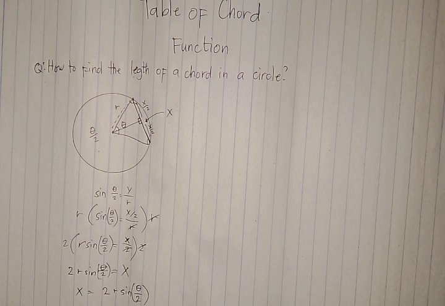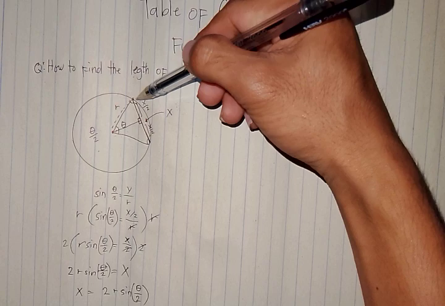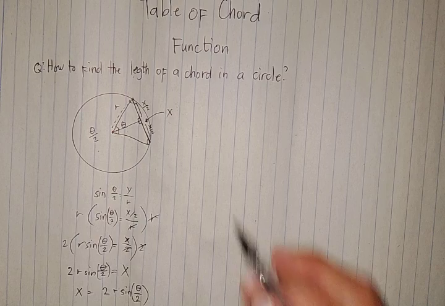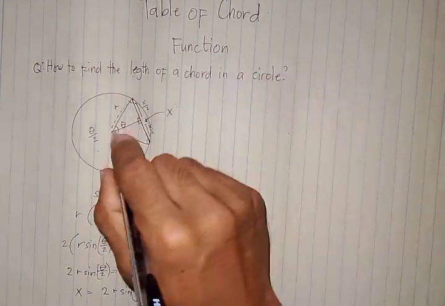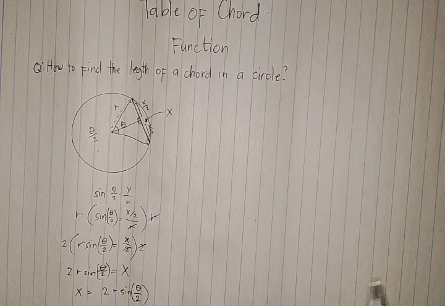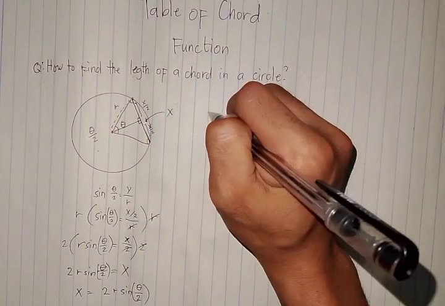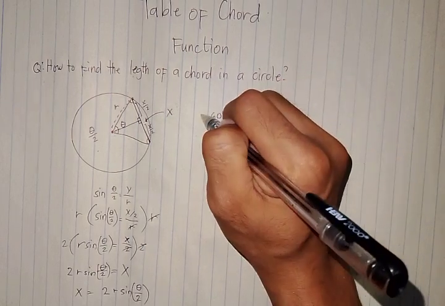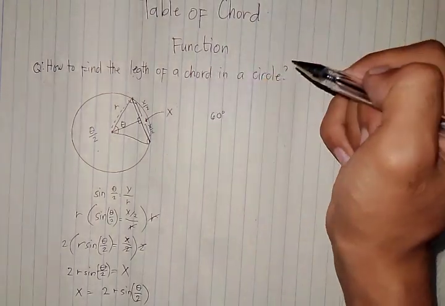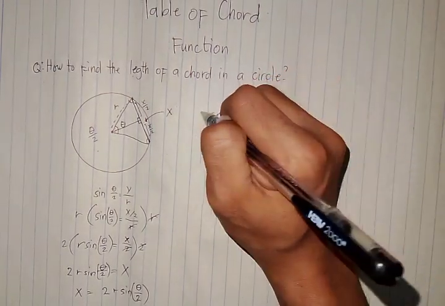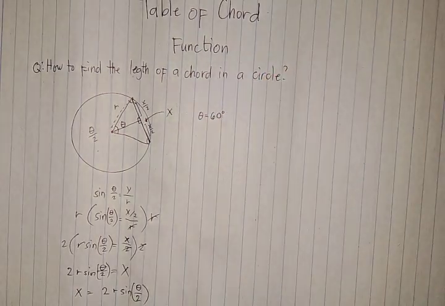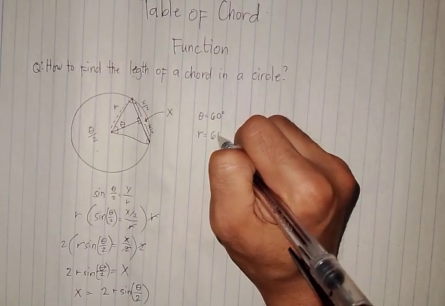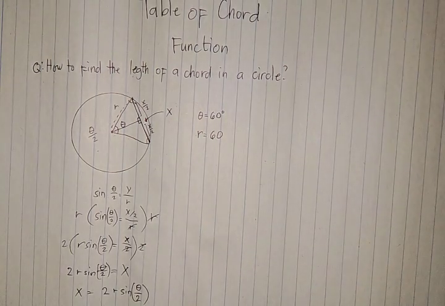So using this formula, we can now find the length of the chord. For example, we are given the angle theta, which is 60 degrees. This is the angle theta, class. Theta is equal to 60 degrees, and the radius is equal to 60 units.